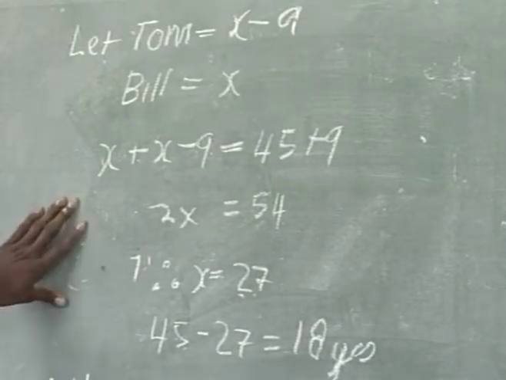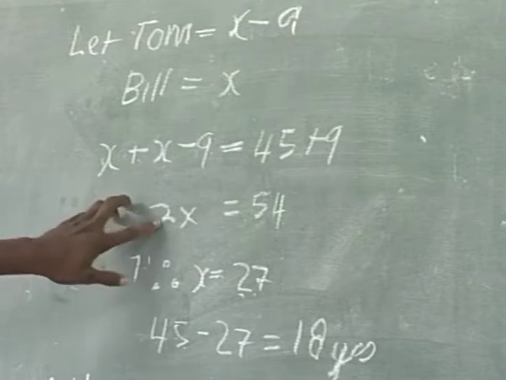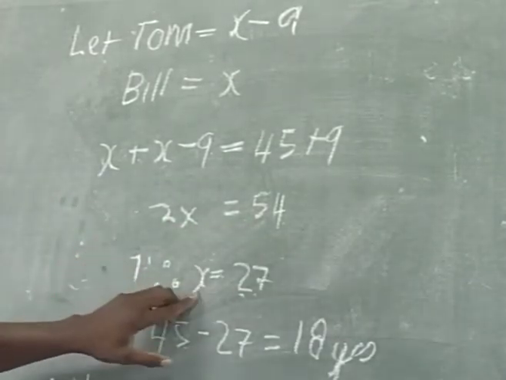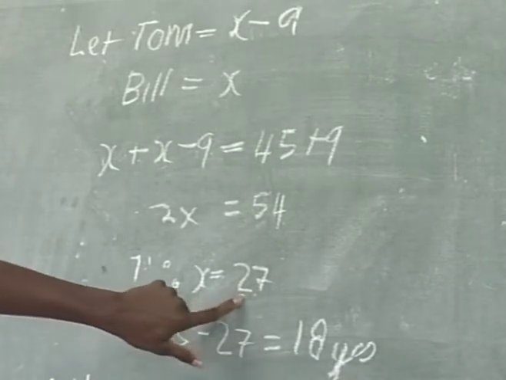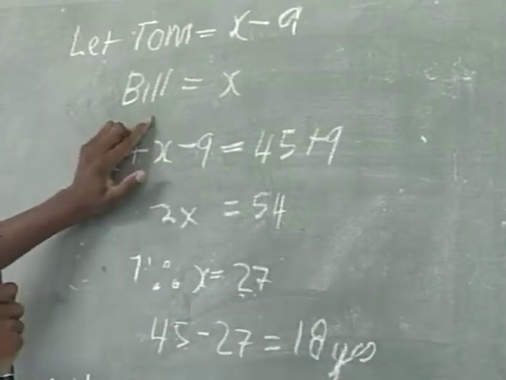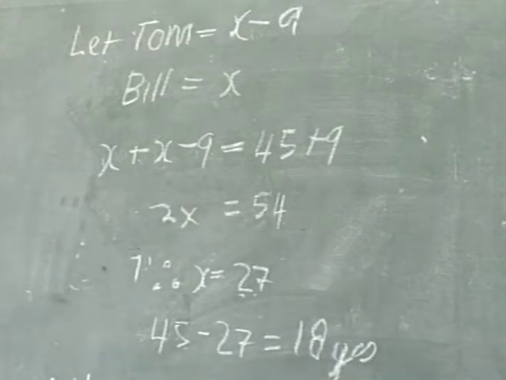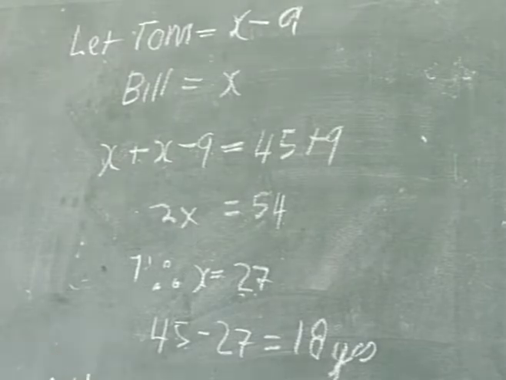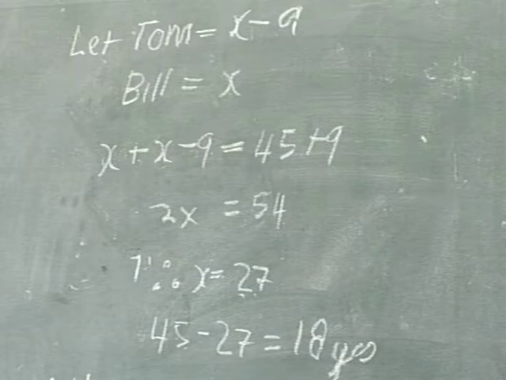Then get the like terms, 2x equals 54. Got the answer, x equals 27, which is the age of Bill, so we minus Bill's age from the total sum of their ages, and we got 18 years for the age of Tom. Good. Next.